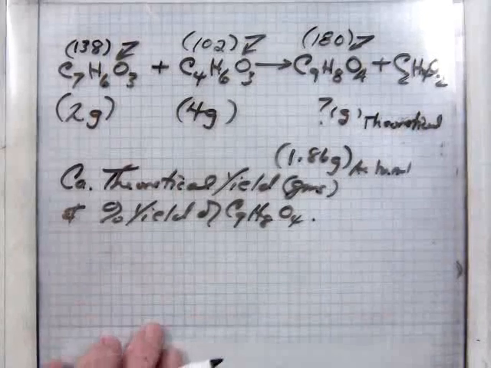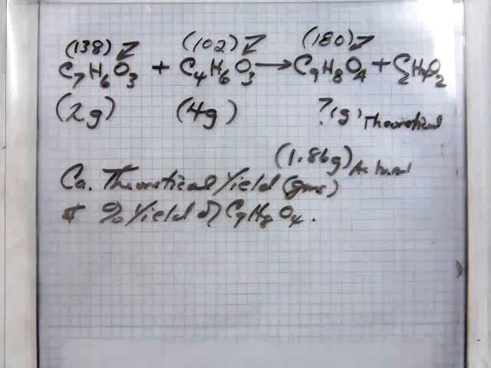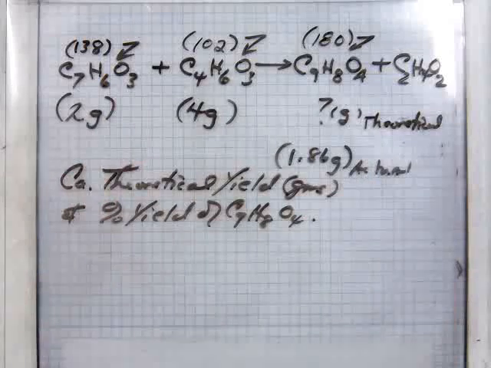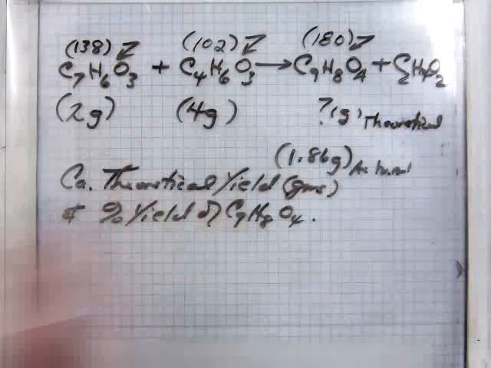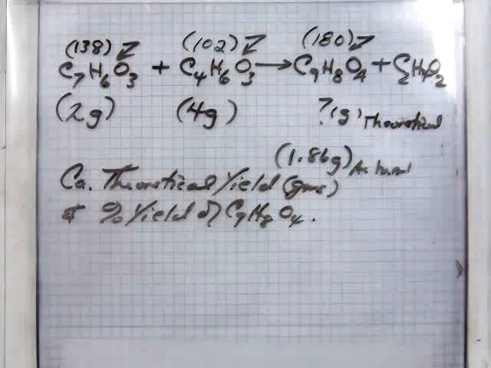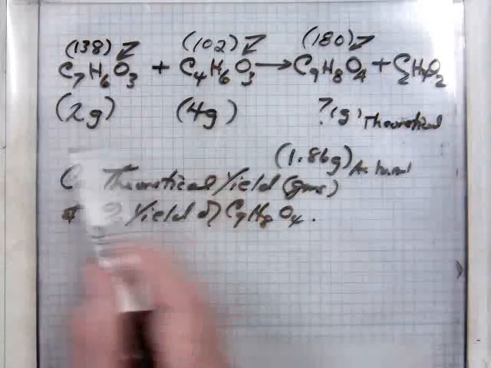Now, the approach is convert to moles and divide by respective coefficients. Well, everything's a 1-to-1 reaction ratio, so whatever the smaller number of moles on the reactant side is going to be the limiting reagent, because it's 1-to-1.